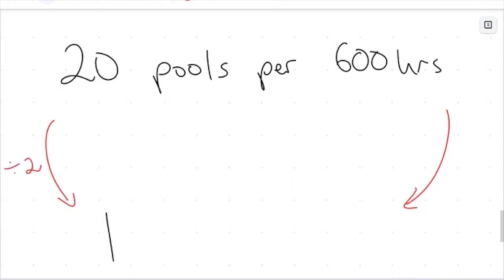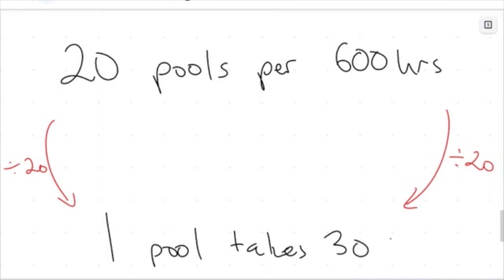I can do that by dividing by 20 here, and I end up getting that one pool takes 600 divided by 20. That gives me 30 hours. So it would take 30 hours to fill the pool if all 3 hoses are used.